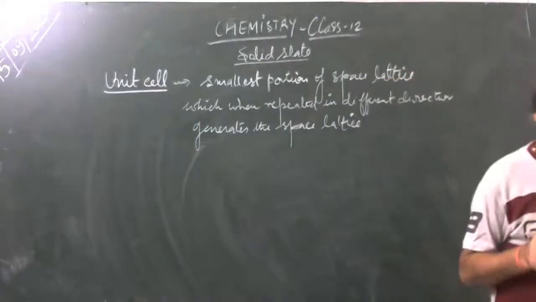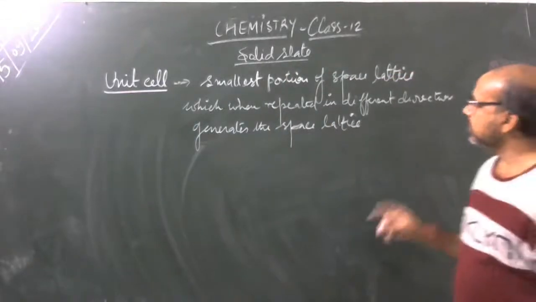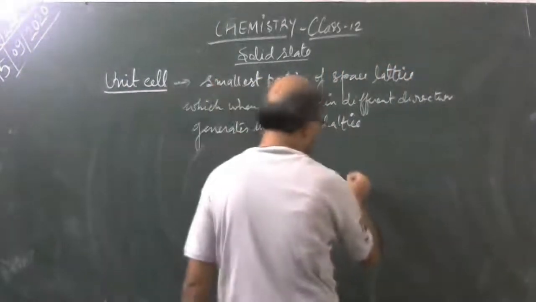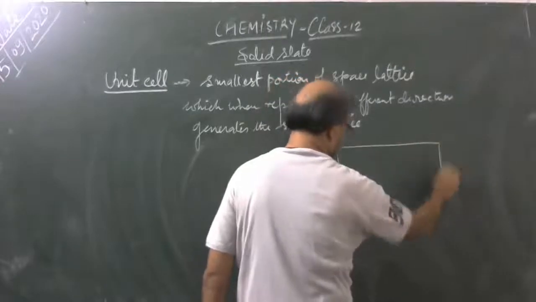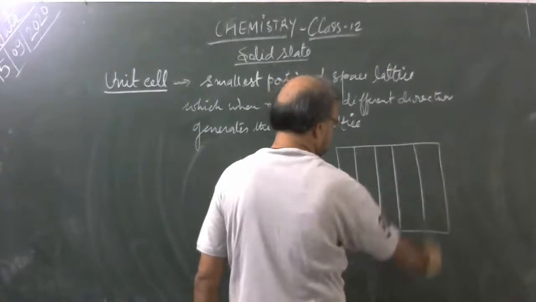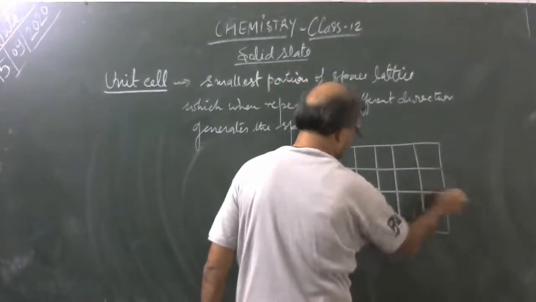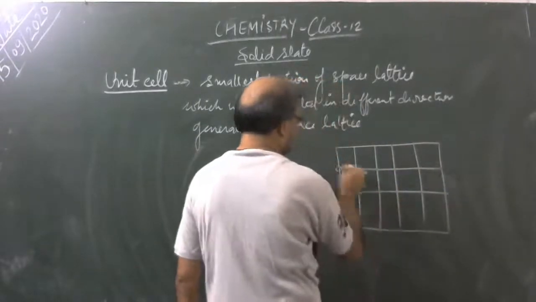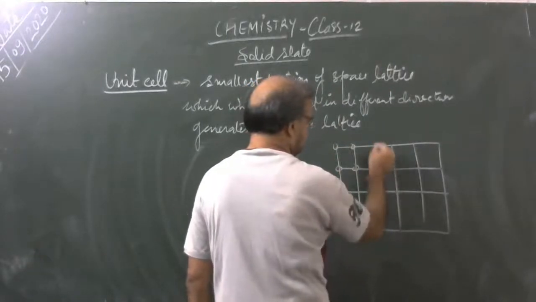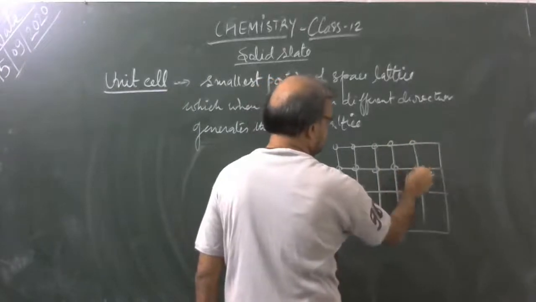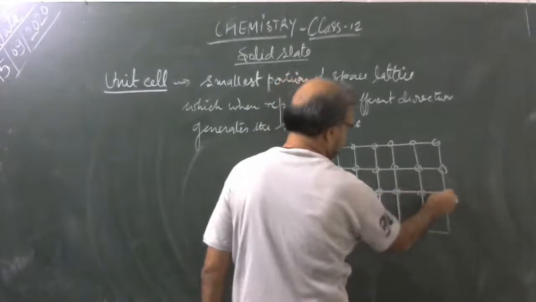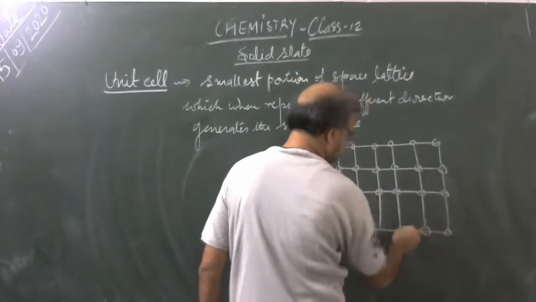As I have told just before, suppose this is the space lattice of the crystals, and atoms are arranged at different identical points.